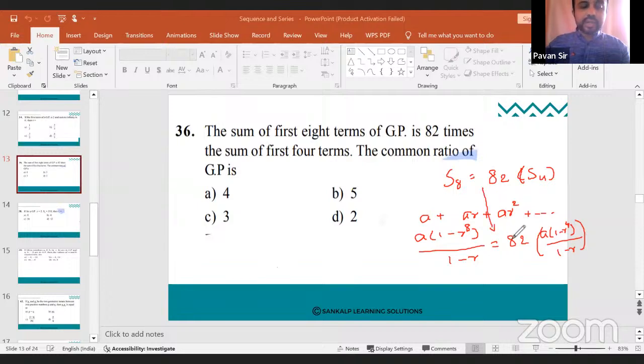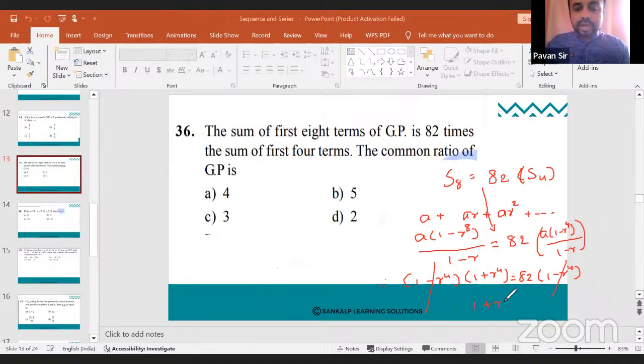I solved it in detail. Now, try to solve first. It is 1 minus R raised to 4 into 1 plus R raised to 4, which is 82 into 1 minus R raised to 4. Why? Because denominators will get cancelled directly. So 1 minus R raised to 4 gets cancelled on both sides.